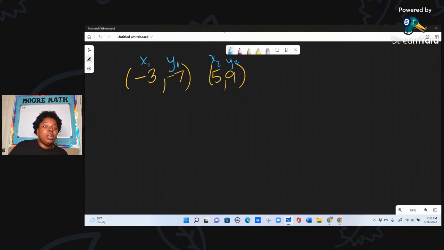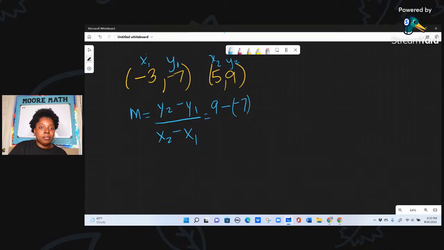So your m is going to be y2 minus y1 over x2 minus x1. Let's start with the y. Your y2 is 9 minus y1, which is -7. Your x2 is 5 minus -3.